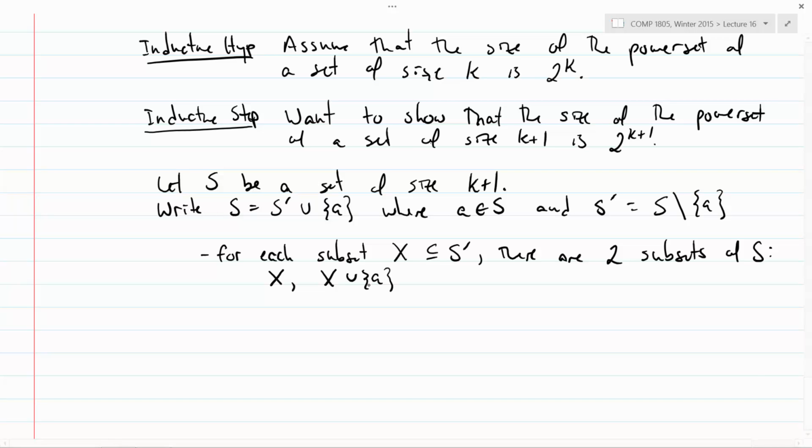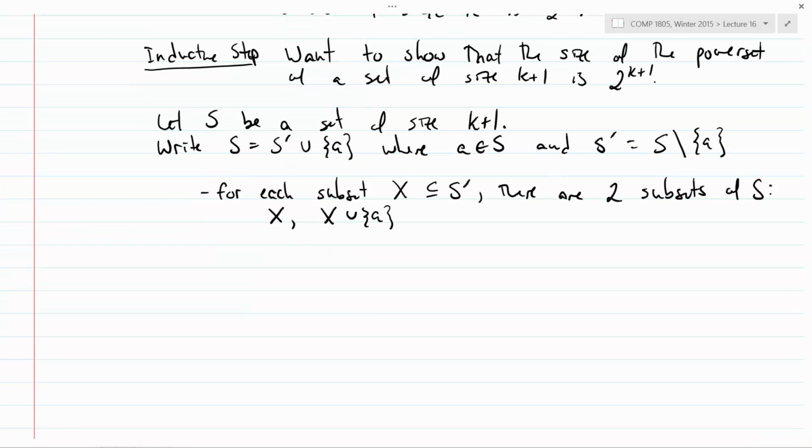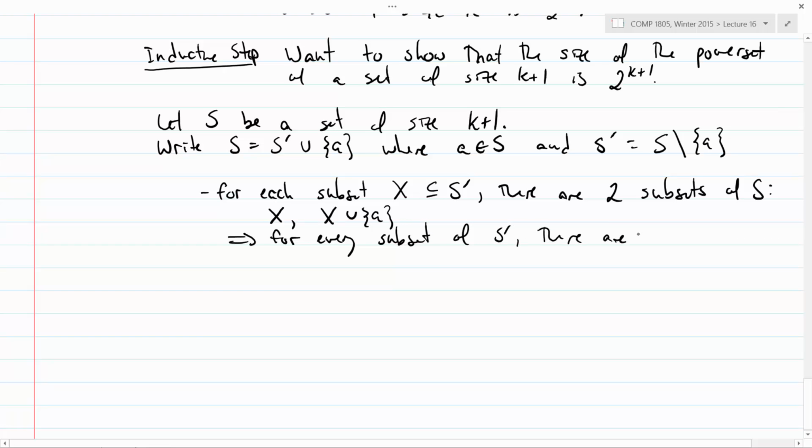All right, so that's the first remark. For every subset of S prime, there are 2 subsets of S. And I know that because each X is distinct, and therefore each X union A is distinct.